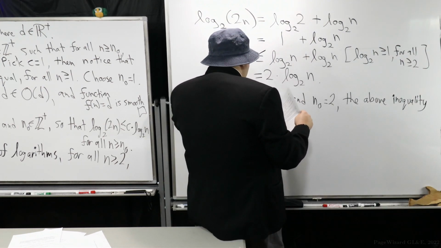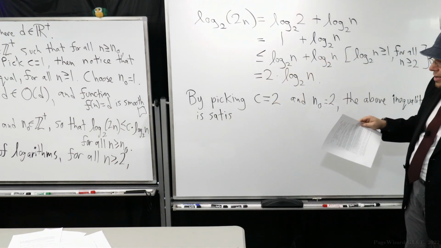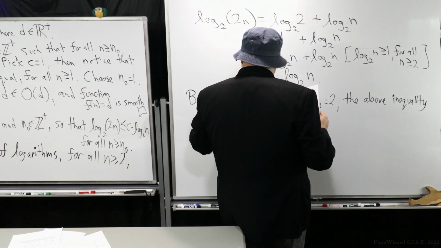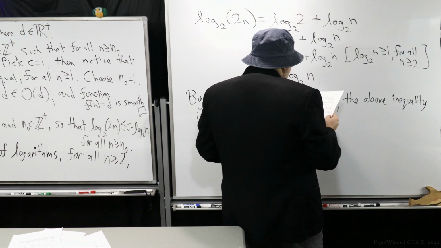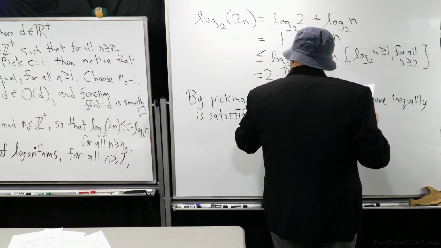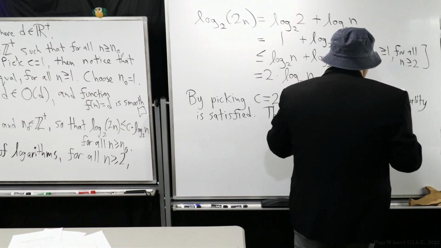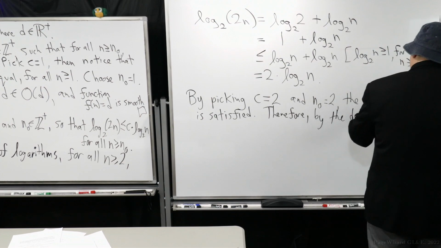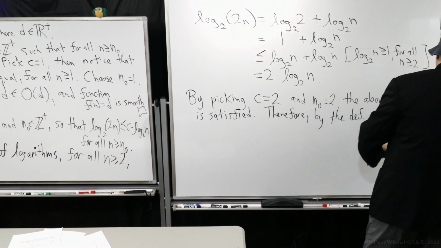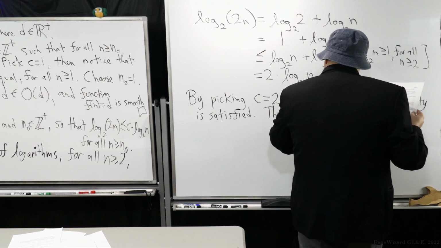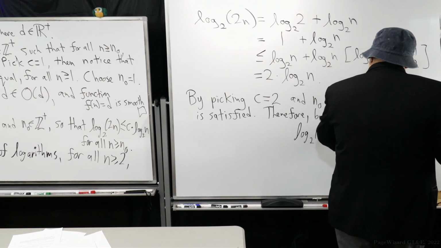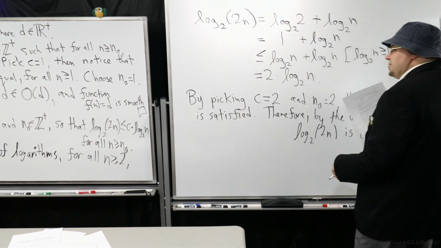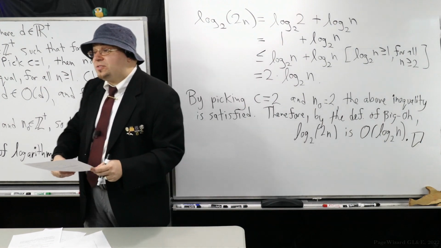Because what we get right here is the right-hand side of the inequality, which is the same as the one I had in the previous sentence. Therefore, by the definition of big O, log base 2 of 2n is big O of log base 2 of n. And we're done. We just used that one property of logarithms to make this work.